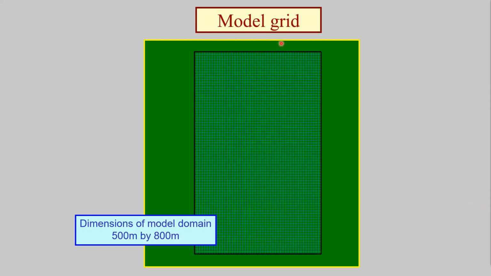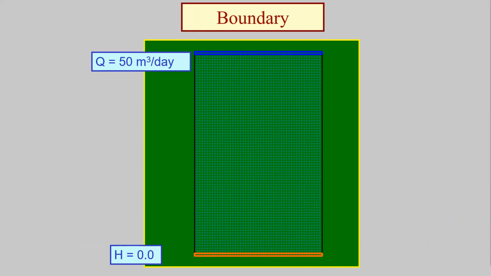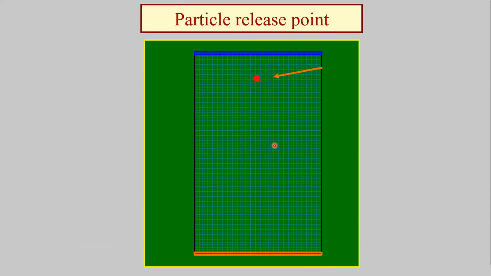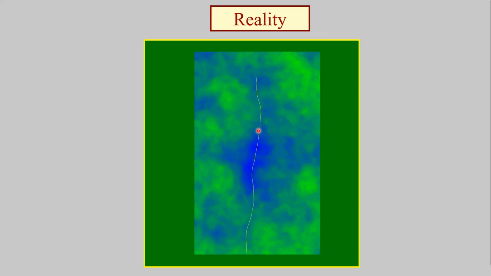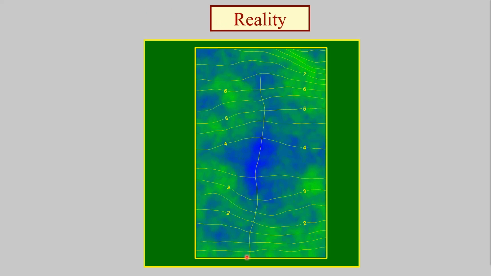Water flows in at the top of that domain to a fixed head boundary at the bottom of that domain. I release a particle somewhere near the top. It flows through the porous medium to the bottom of the model domain. It flows through a heterogeneous medium, hydraulic conductivity field, which I've generated using a multi-Gaussian random parameter field generator.